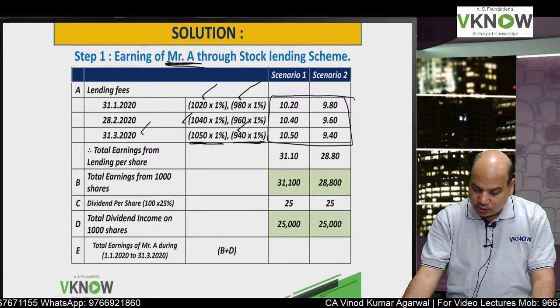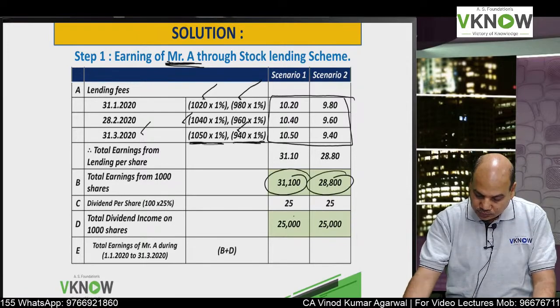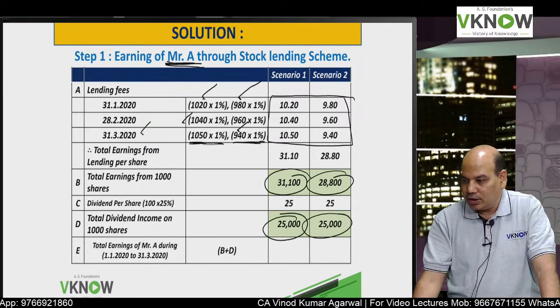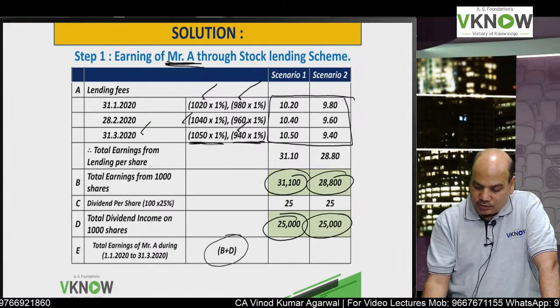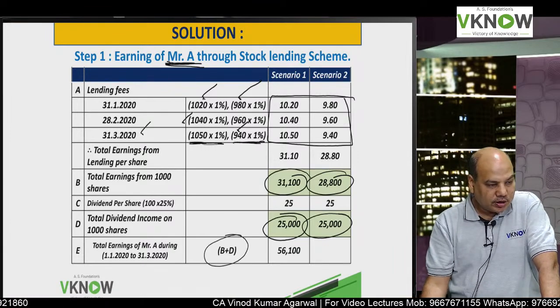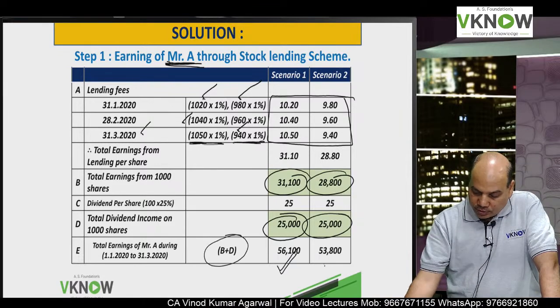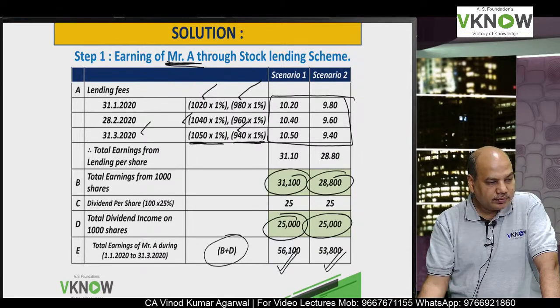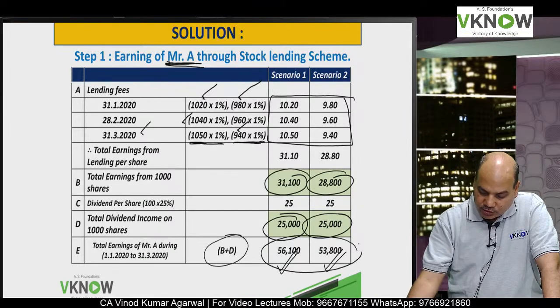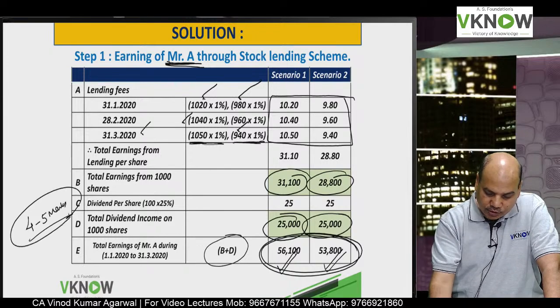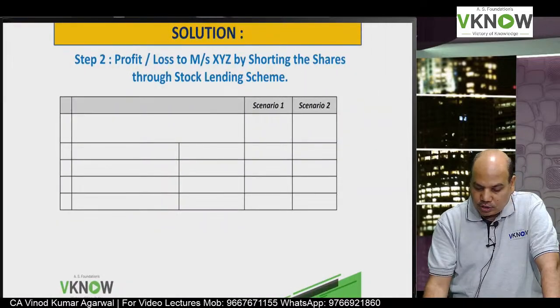So total earnings will be lending income plus dividend income, B plus D, which will be 56,100 in the first scenario and 53,800 in the second scenario. So this is your first answer and second answer. You will get approximately 4 to 5 marks for this much effort.